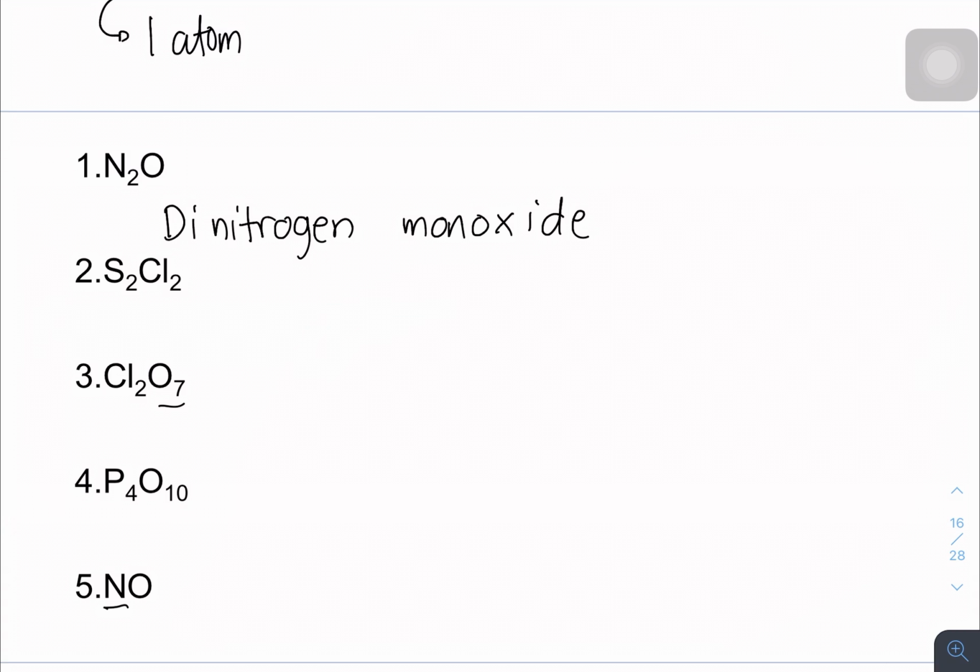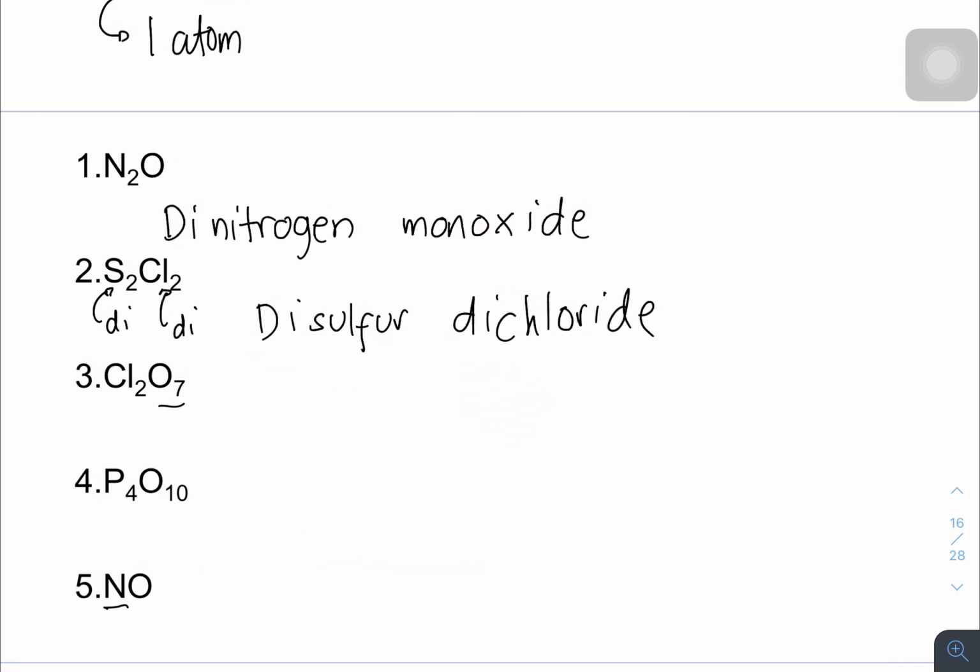Next, S2Cl2. How many atoms of sulfur? There are 2, so we use di. For Cl2, 2 atoms of chlorine, we also use di. So that will be disulfur dichloride. Hope that is clear.